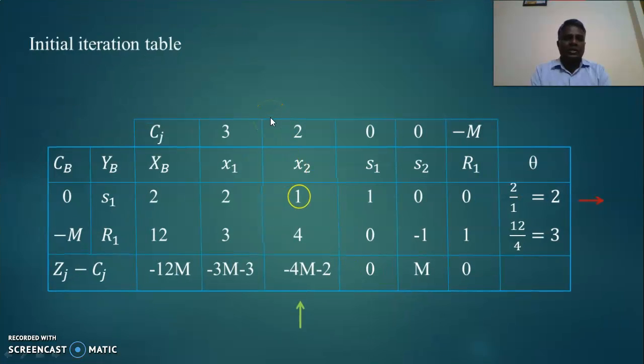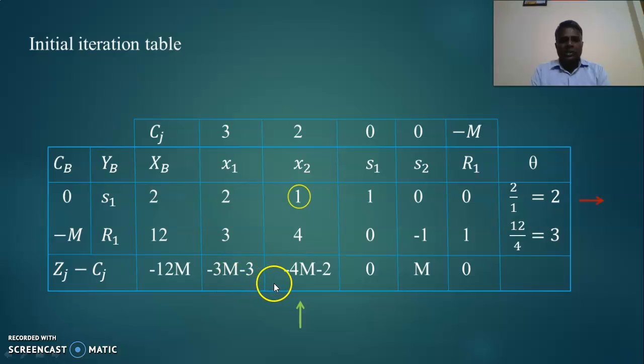This is the initial iteration table. We arrange the coefficients of the constraints here, and the CB column denotes the cost vector, and the YB column represents the artificial, basic or non-basic variables. These are the values for the variables.